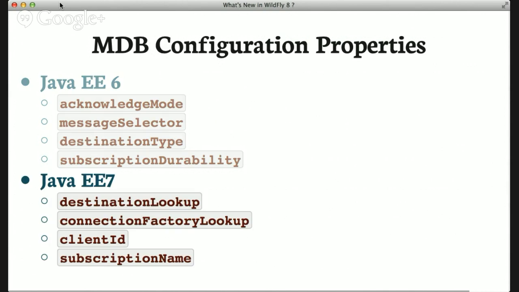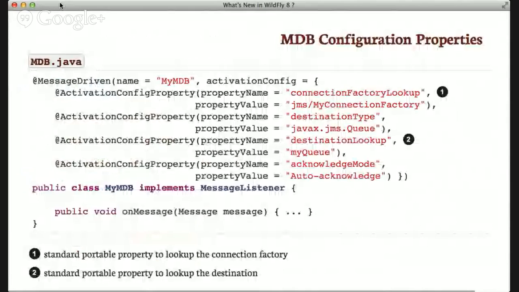Now with Java EE 7, you can write a portable message-driven bean that can be deployed on any application server with the same names. So if you want to write a portable message-driven bean, just use connectionFactoryLookup to look up the connection factory, or destinationLookup to look up the destination, and you can port it from one application server to another.